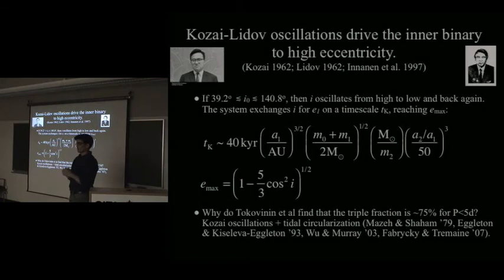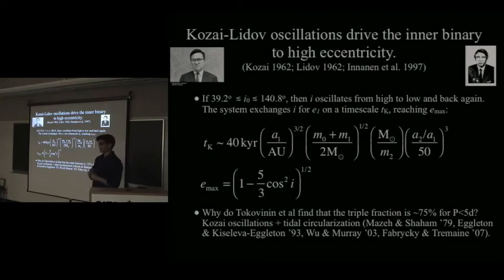They were driven to high eccentricity, and as they were driven to high eccentricity, they had close pericenter passages with their companion, and every time you have a close pericenter passage, you have tides that are raised. This was first said by Mazeh and Shaham, I think, in 1979. And what that does is you can take energy out of the orbit.